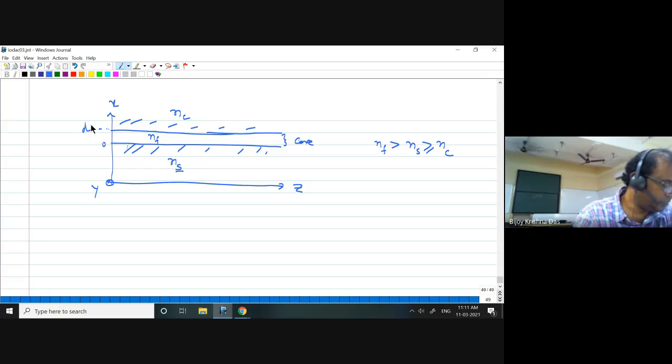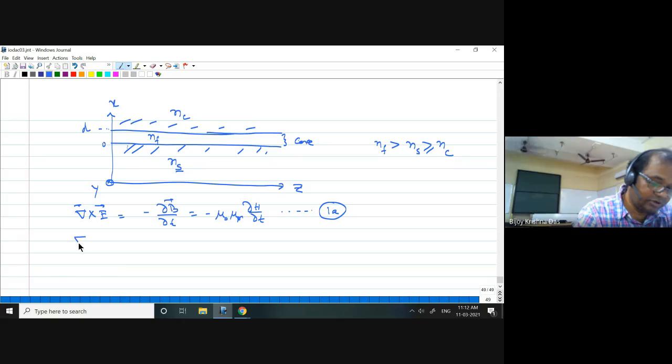That is our goal. Okay. So if we start with Maxwell's equations, you know the curl equation: curl of E equal to minus del B del t, or you can simply write minus mu 0 mu r del H del t. Okay, this is one equation. We can write this for the moment as 1a.